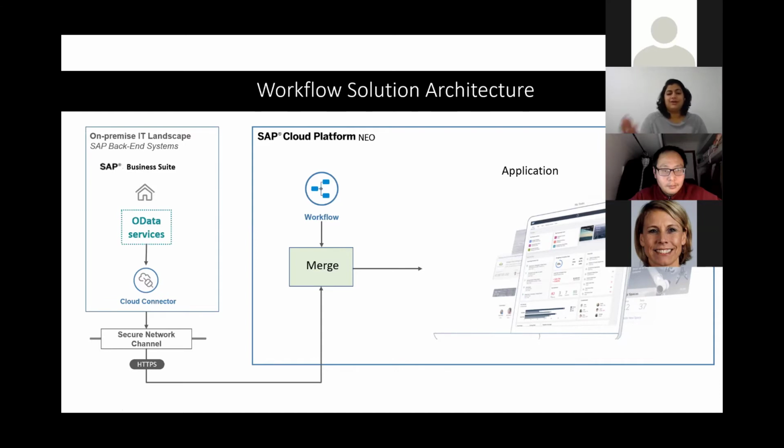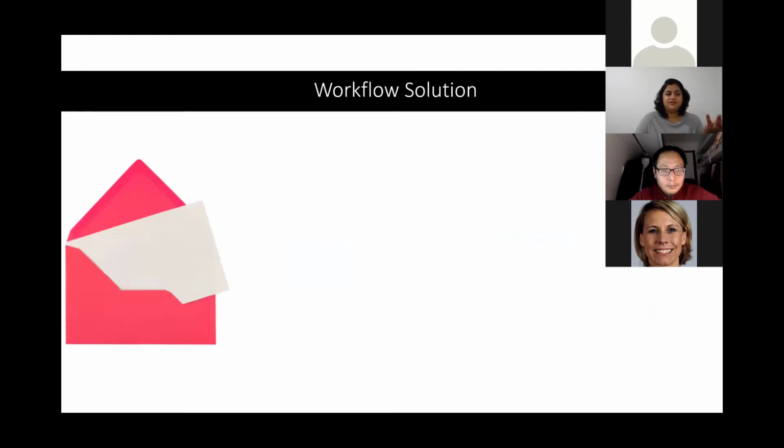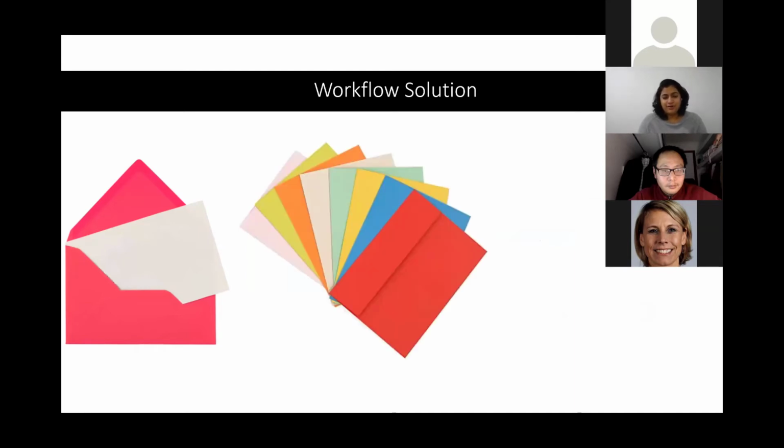To understand why, let's take a step back and understand how the workflow works. Workflow is nothing but a letter in an envelope where you don't see what's in the letter. To understand what's in the letter, you have to open the envelope and understand the data inside it. It's okay to work with one or a few, but what happens when you have a lot?